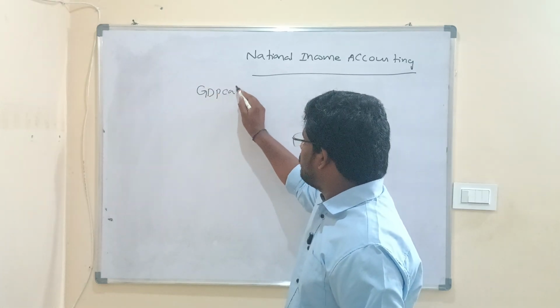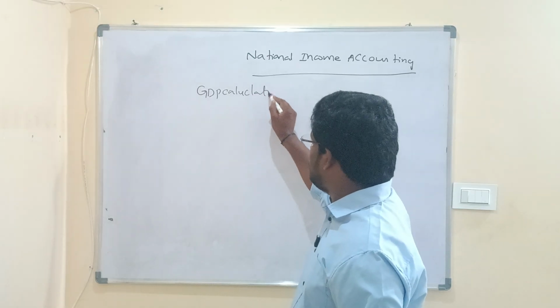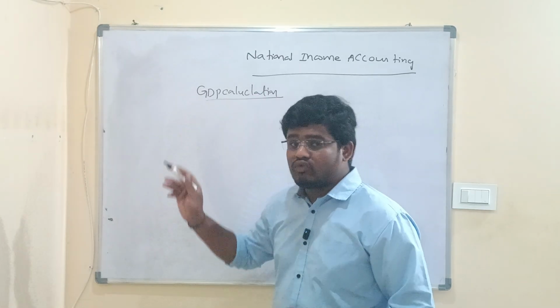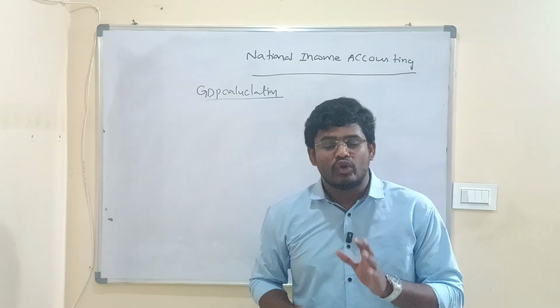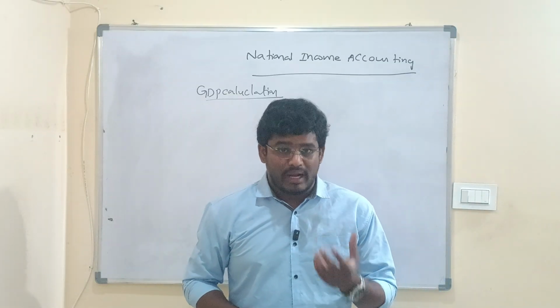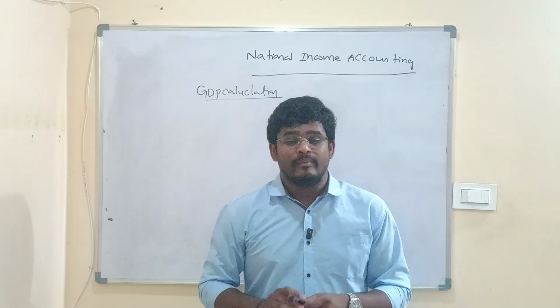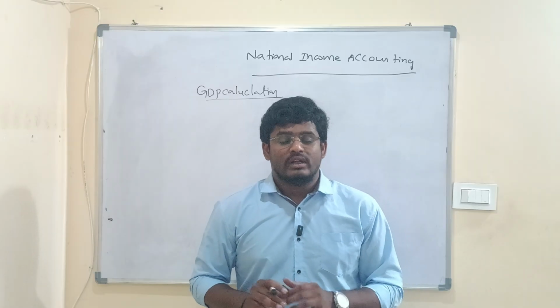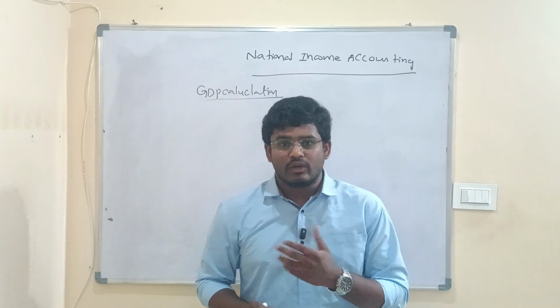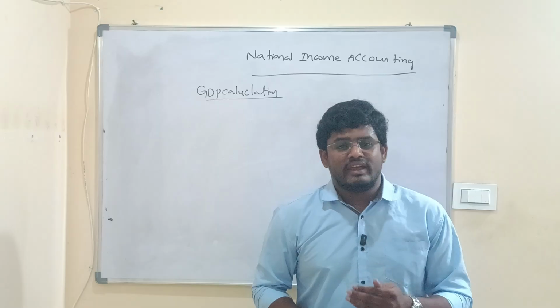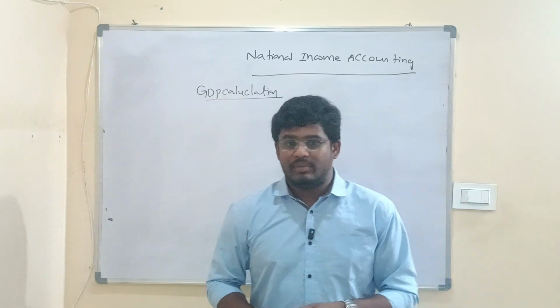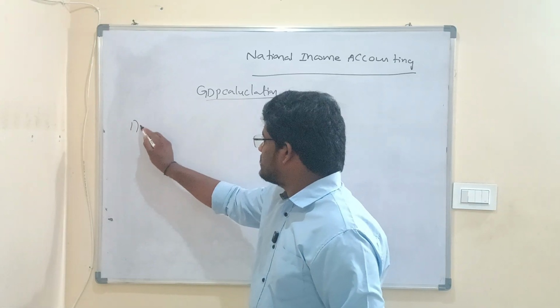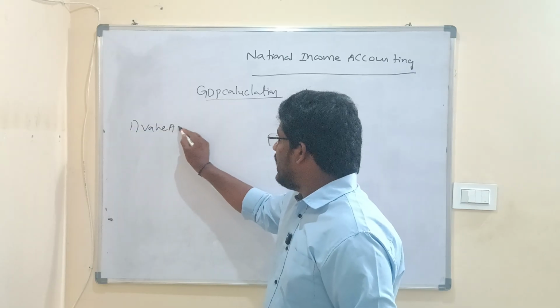Now I have told that to calculate GDP in India, the NSO divides the Indian economy into three producing sectors: the primary sector, the secondary sector, and the tertiary sector. And we have three methods to calculate GDP, and one method which we have discussed is referred to as the value added method.